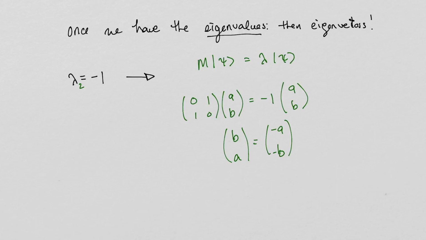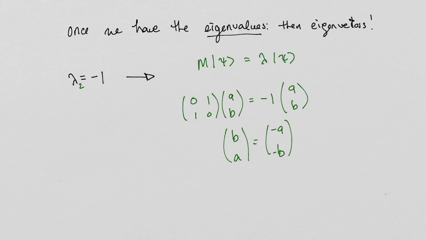And I was hoping, or we were hoping, that I would end up with two different equations, so I could solve for what A and B are. And you'll notice that I get B equals minus A and A equals minus B. Those are not two different equations. They're the same equation.